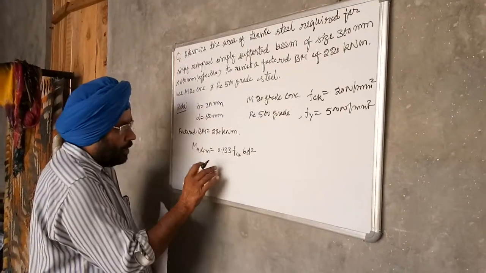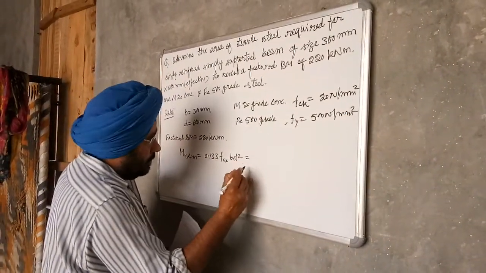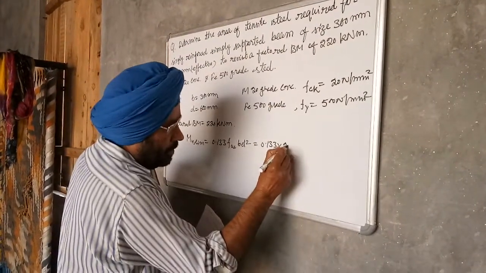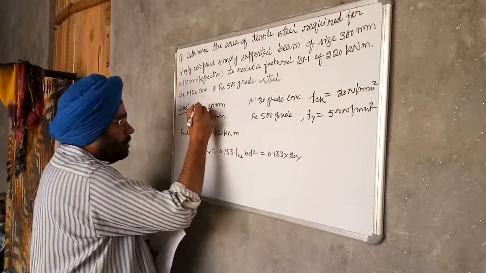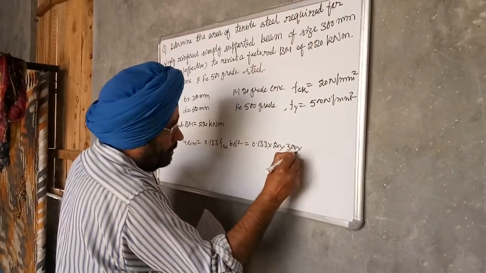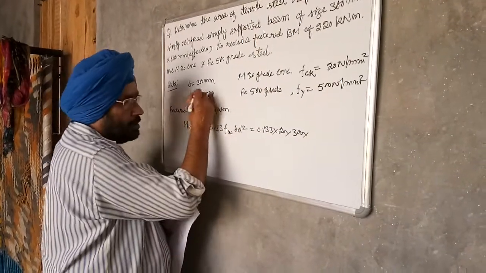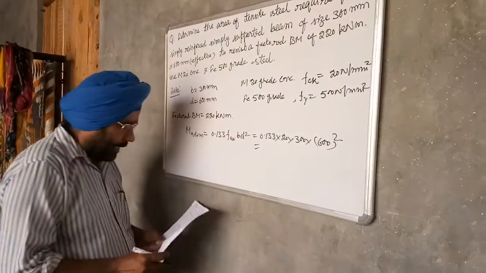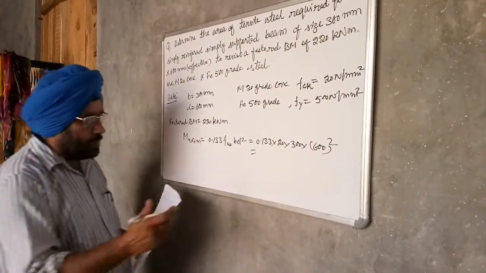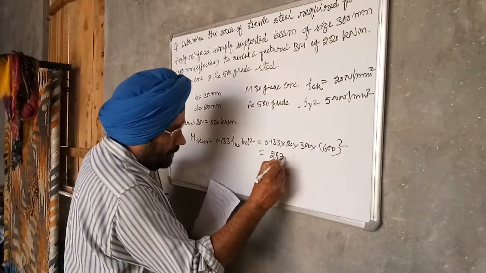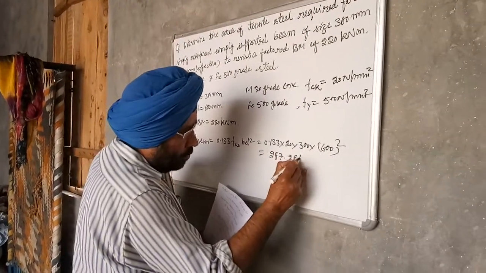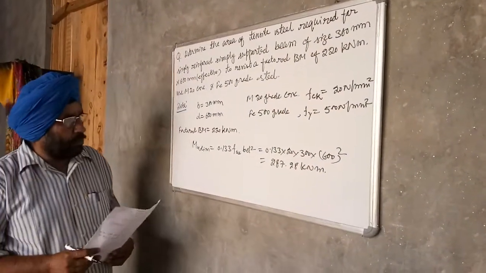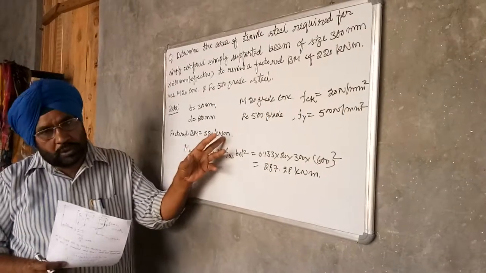Putting the values in this equation, we get 0.133 FCK, its value is 20, and B, the width of the section, is 300, and the depth of the section D is 600 square. Solving this, we get the limiting moment of resistance of the beam section as 287.28 kilonewton meter.